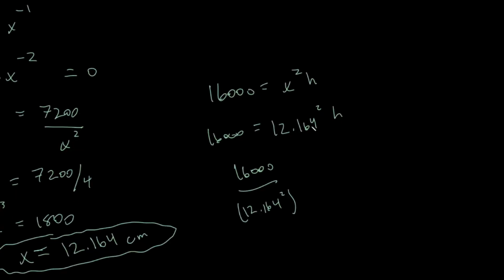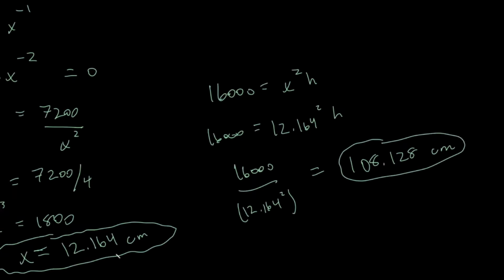And I get 108.128 centimeters. So we can check, is x squared h, so is this squared times 108 still 16,000 like it needs to be? And the answer is yes, so this is good. And this was the initial question. It was asking, what is h? Do you guys have any questions here?